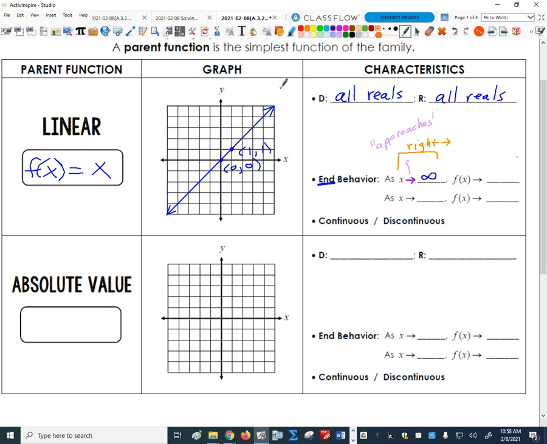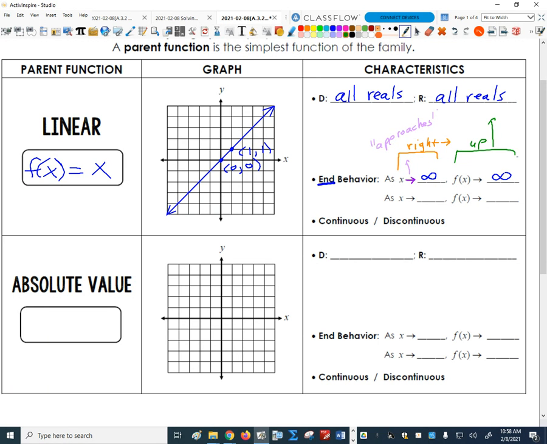As the ant goes to the right, the graph is taking him up. And so his y value is also going to approach infinity because he's going up forever, right? If f of x is approaching infinity, it just means it's going up forever. That makes sense? Okay, so that's all we're answering when we talk about end behavior.